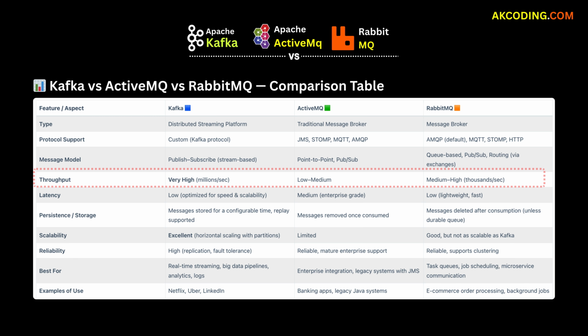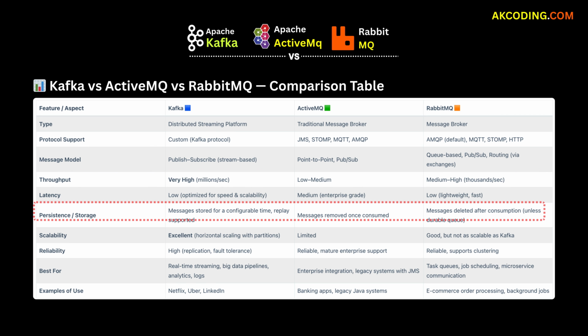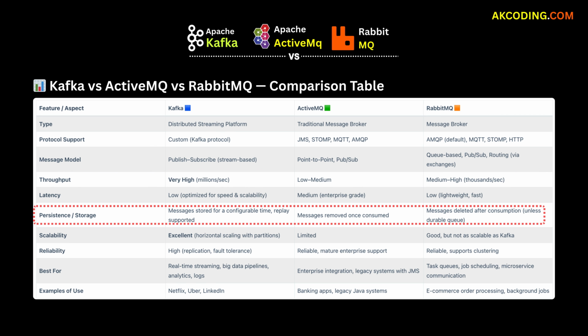Performance and speed: Kafka is very high, serving millions of messages per second. ActiveMQ is medium level performance, that is enterprise grade. RabbitMQ is slower than Kafka and ActiveMQ. It is lightweight. Message storage and replay support: in Kafka, messages are stored for a configured time.